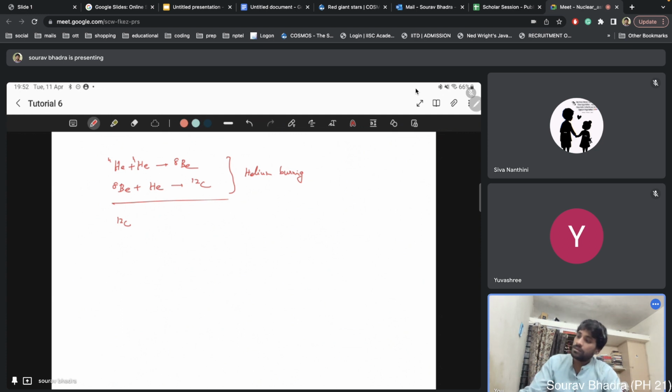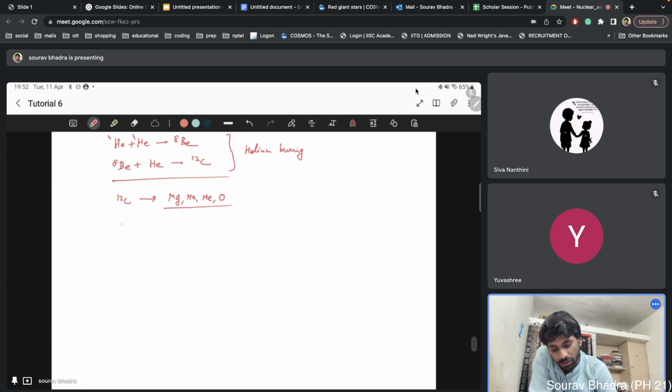This 12C can give rise to Mg, Na, Ne, oxygen, any of the elements. Then neon will again go through photodisintegration, and it can give rise to oxygen, magnesium, silicon, this type of elements.